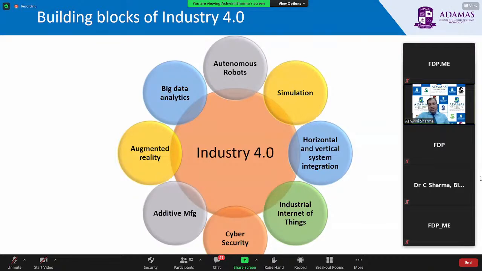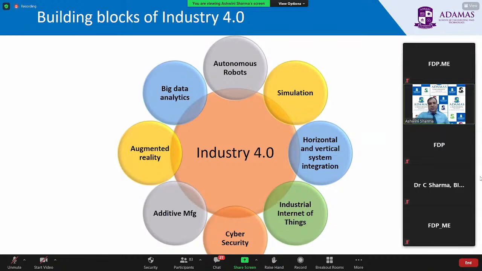Then comes additive manufacturing, which is nothing but 3D printing, augmented and virtual reality. This is another big thing happening in the market, and within the next 5 years, the entire industry is going to change. It has already changed the gaming and animation industry.